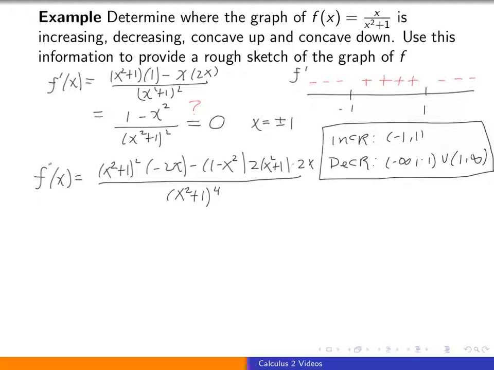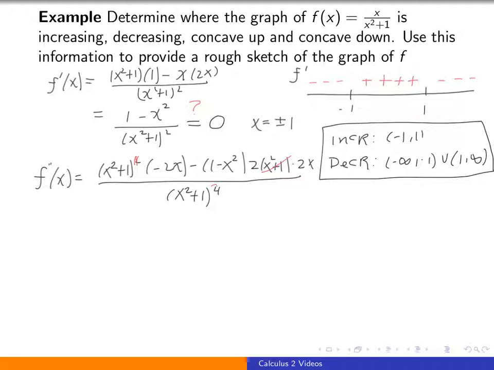Now this is a very typical scenario, and at first it looks like there's an awful lot going on. But the simplest observation we can make is that there is a common factor of x squared plus 1 in each term. So what we can do is cancel a single x squared plus 1 from each term. So the first term will have a power 1. The second term, the x squared plus 1 goes away.